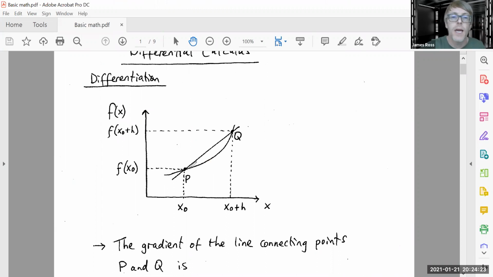So when h becomes 0, P and Q touch, and we've effectively got a tangent. So this is at h going towards 0. It's still the same slope. You can see it's a parallel line, but it's now a tangent.